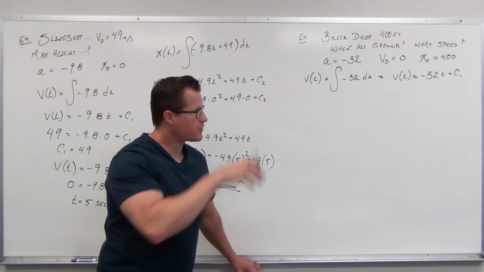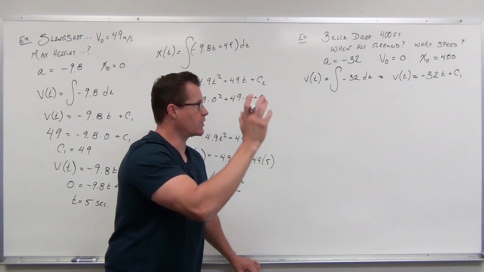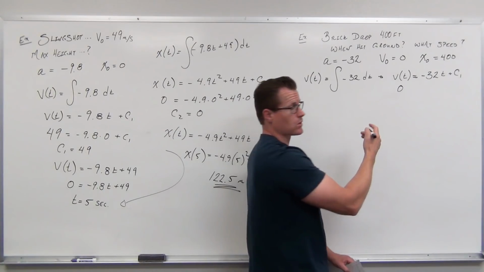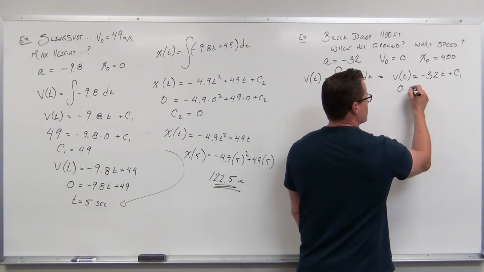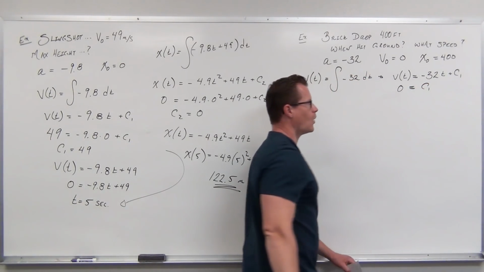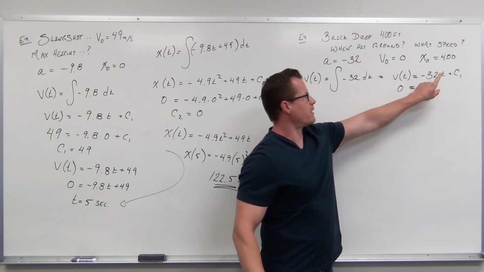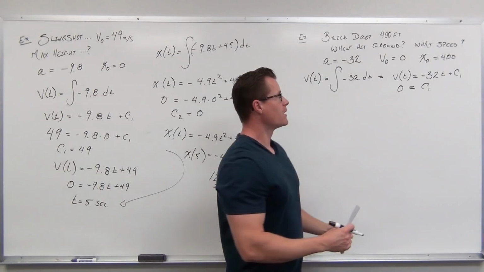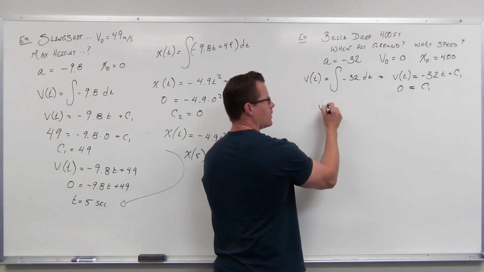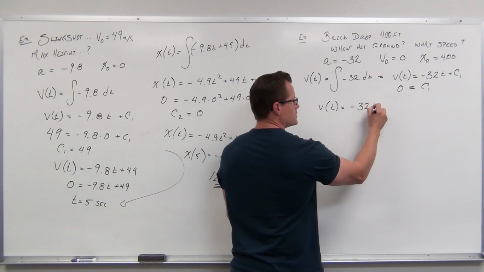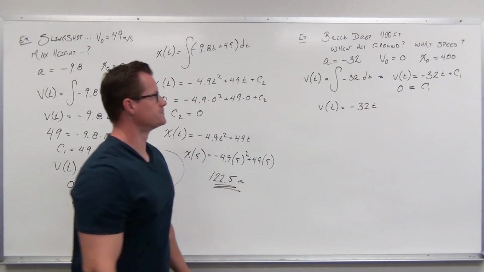It's not starting with a throw down or up. So we know that at time 0, we have a velocity of 0. Hopefully you can see that your c1 is just going to be 0. At time equals 0, that's gone, we get 0. c1 is 0. So let's rewrite this. Our velocity function is just negative 32t.